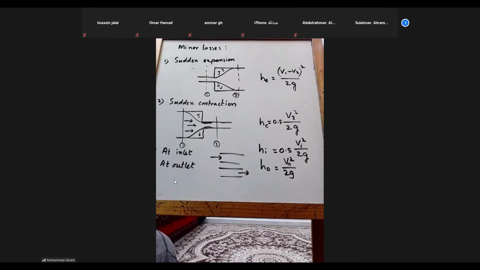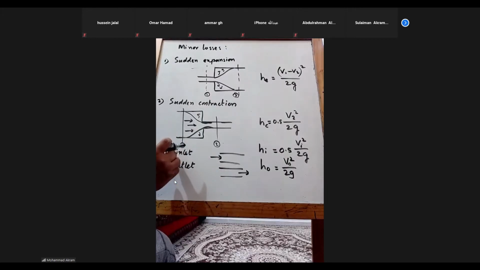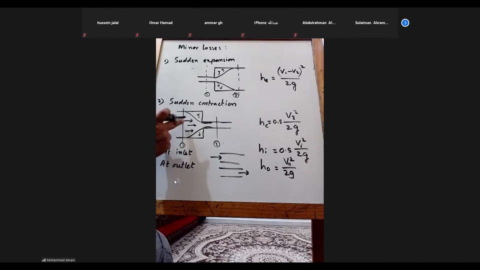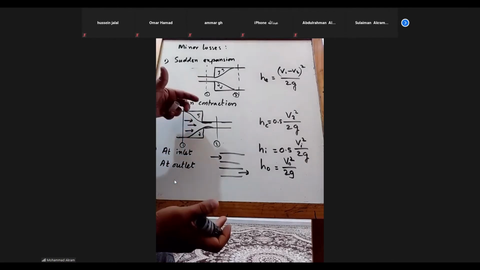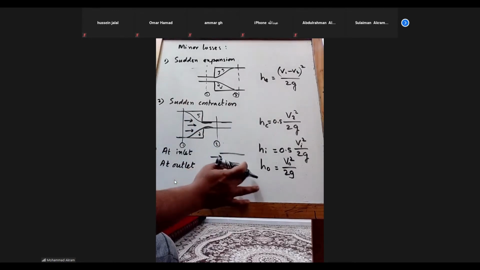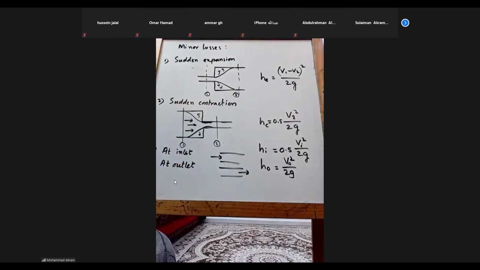It may be directly coming from some other pipe, or directly from the atmosphere or any place, or from a reservoir. So it is coming from another place, right? So it is the same as contraction. It is coming from big to small. Whereas this is from small, going outside, which is very large, imaginary.